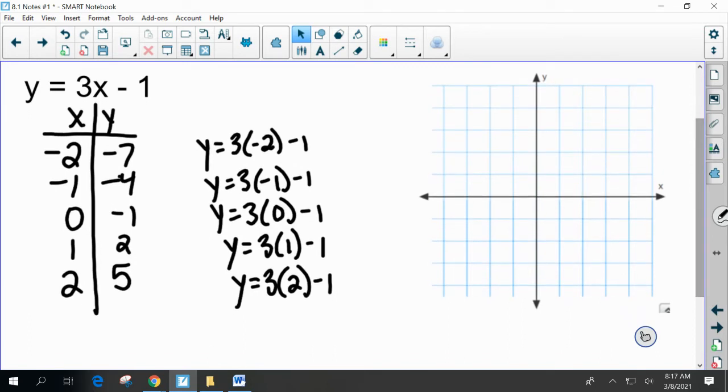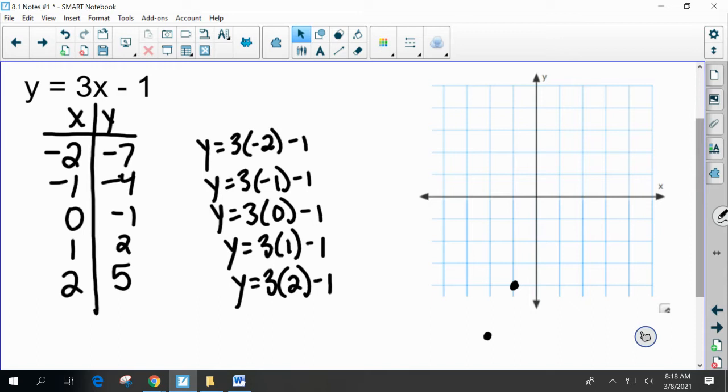So again, -7 is off the chart, you need to estimate it. So -2 would be left 2, down 7. And then -1, -4. So we would do what? They're both negative. Left, down. So left 1, down 4. And then 0, -1. What would we do?